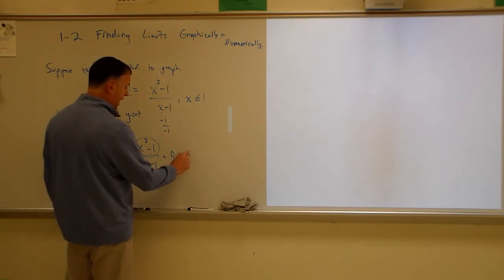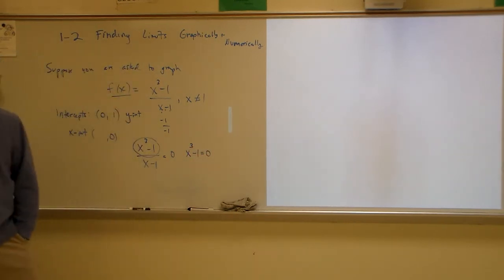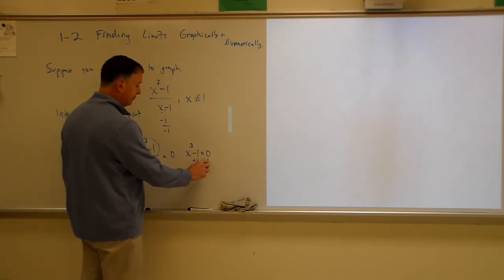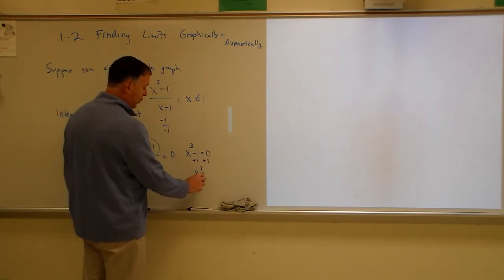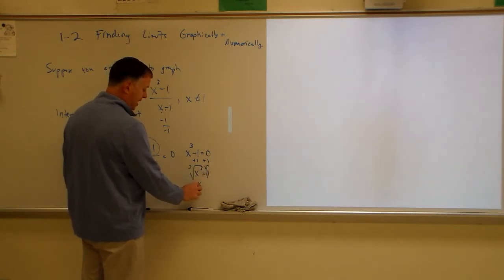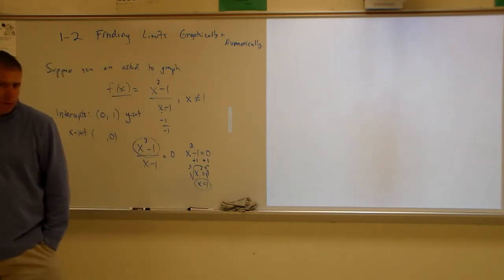So I need to make x cubed minus 1 equal to 0. Add 1 to both sides and I get x cubed equals 1, and taking the cube root, x equals 1. So x equals 1 is a root.